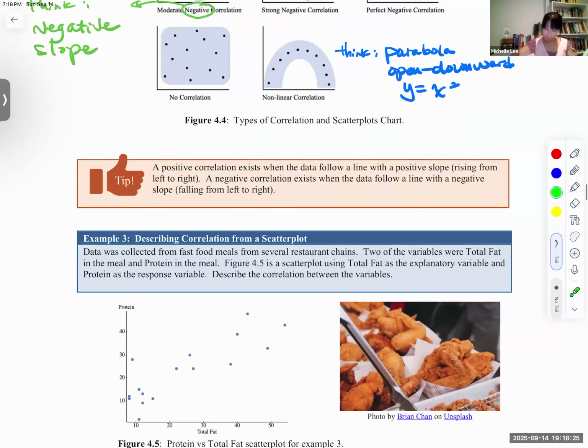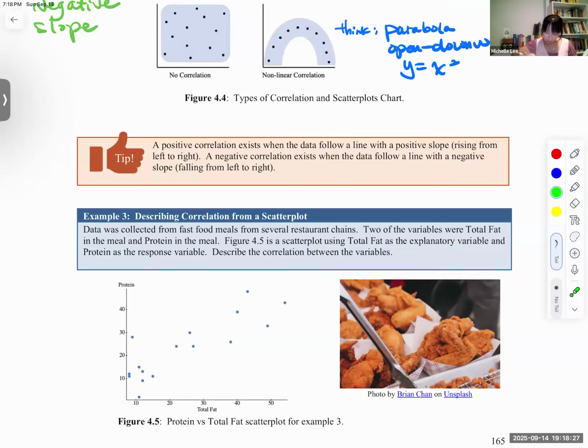Now we have an example here. Data was collected from fast food meals from several restaurant chains. Two of the variables were total fat in the meal and protein in the meal.